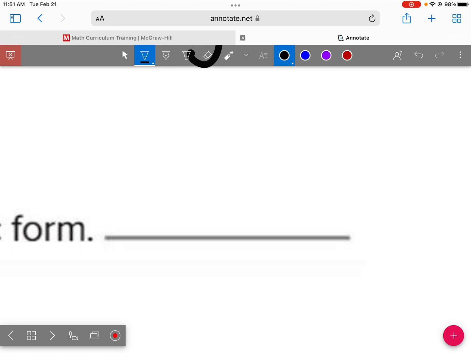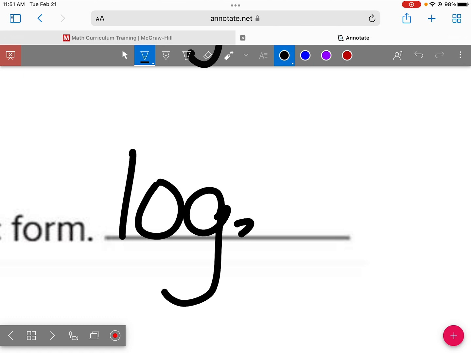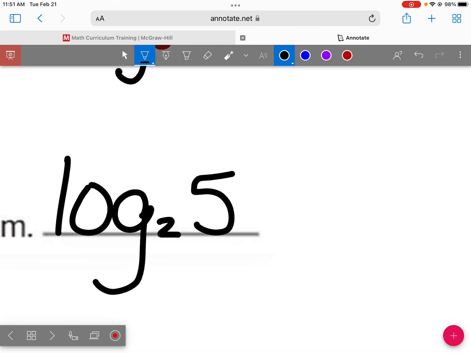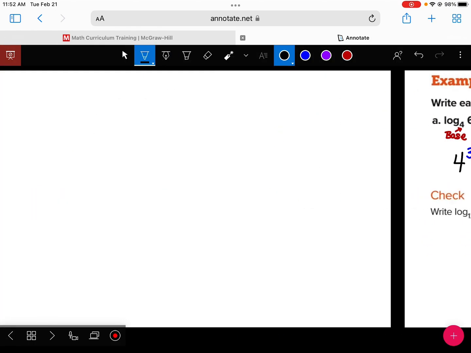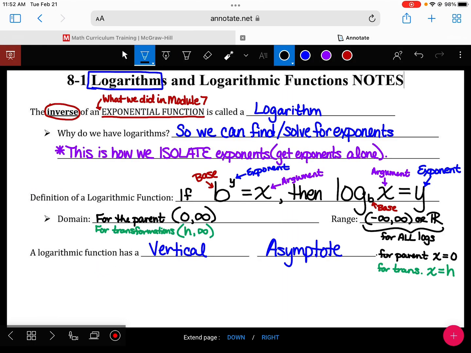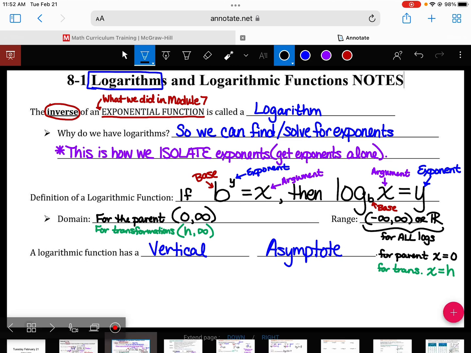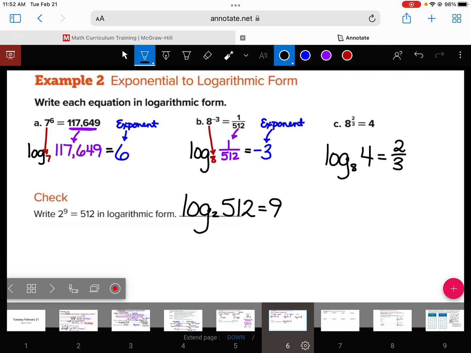Tell me what the check looks like. Log base 2 of 512 equals 9. What's the purpose of a log again? So that we know that it's in logarithmic form, but why would we ever want to write something in logarithmic form? Yes. To get the exponent all alone. The whole point of a logarithm is to get the exponent all alone.